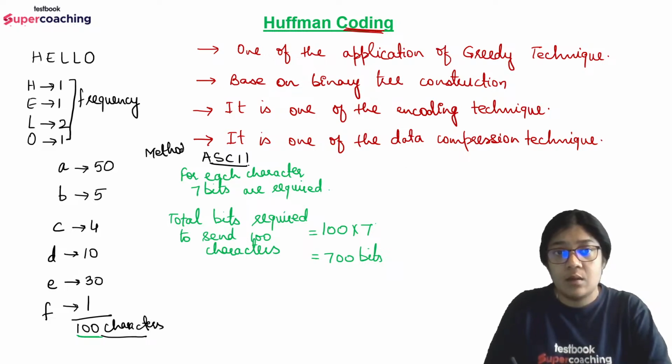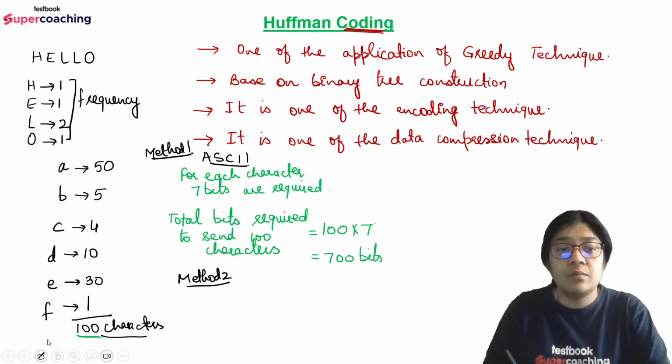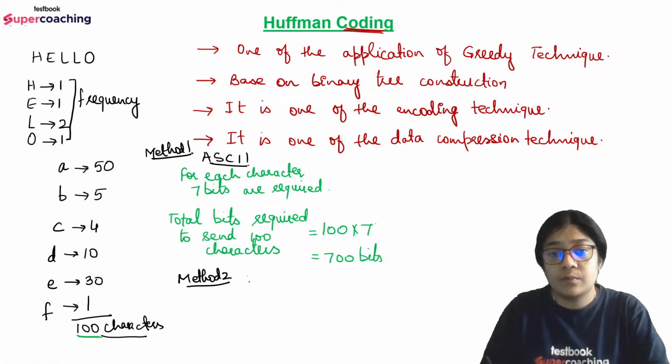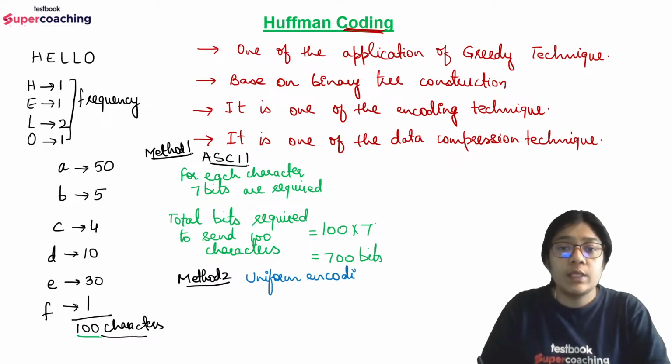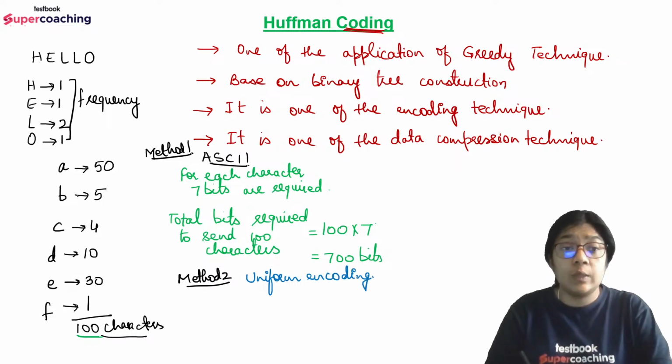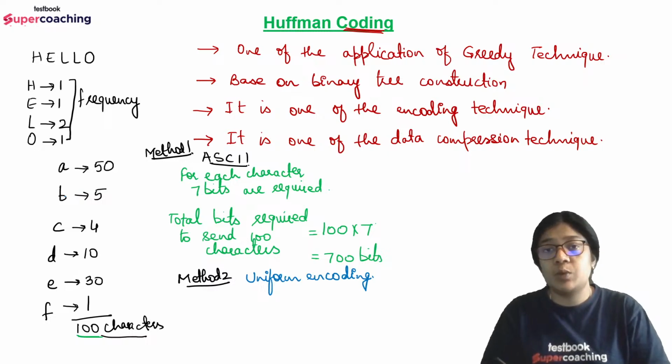With method 2, that is uniform encoding. Uniform encoding says that in order to send one character, the same number of bits will be transmitted.